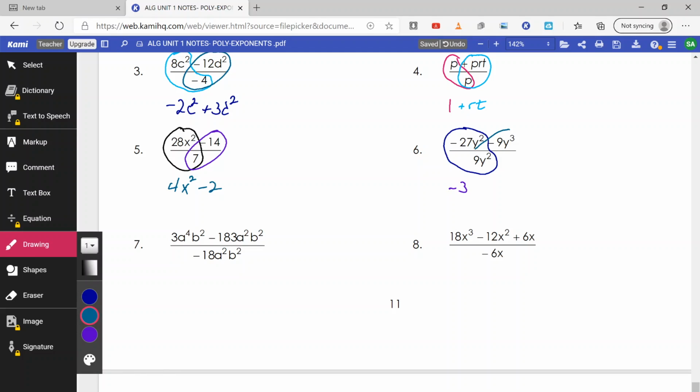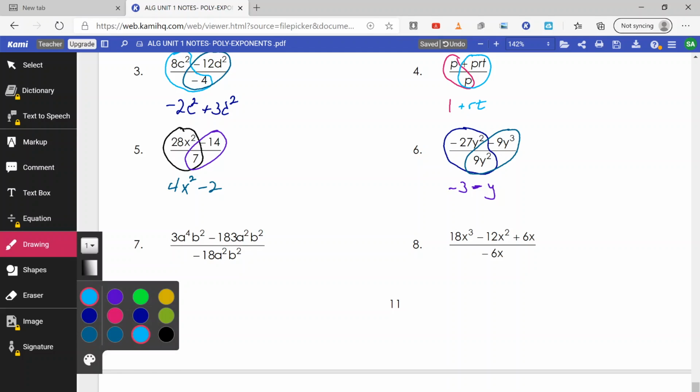Then I'll do negative 9y cubed divided by 9y squared. Negative divided by positive makes a negative. 9 divided by 9 is 1, so we don't really have to put anything. And then y cubed divided by y squared. 3 minus 2 gives me an exponent of 1. So negative 3 minus y.